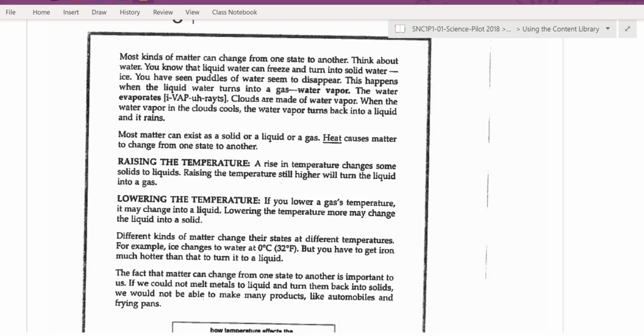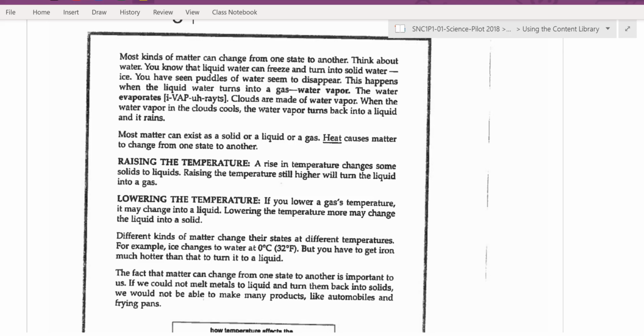Most kinds of matter can change from one state to another. Think about water. You know that liquid water can freeze and turn into solid water, ice. You have seen puddles of water seem to disappear. This happens when the liquid water turns into a gas, water vapor. The water evaporates. Clouds are made up of water vapor.